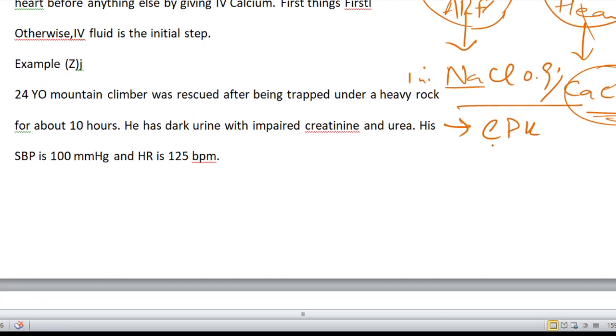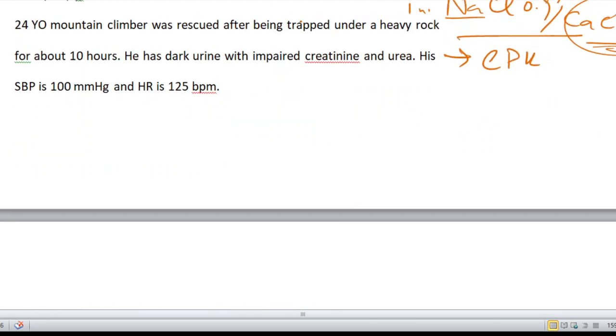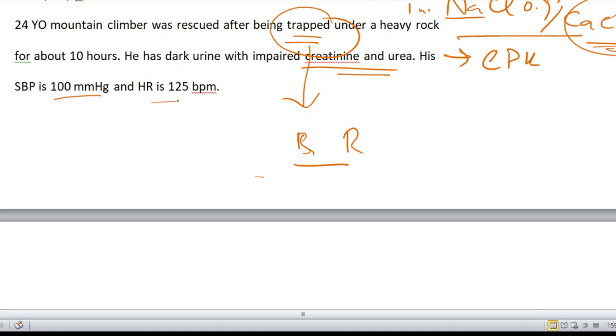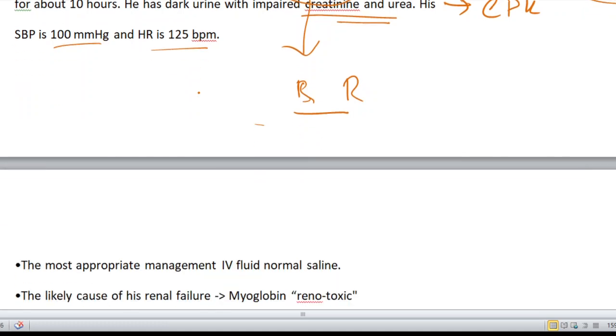Now, the next one: a 24-year-old mountain climber was rescued after being trapped. Again, the same thing. His muscle is damaged, pushed between the bone and the rock. He has dark urine with impaired creatinine and urea. There you go, acute renal failure. His BP is 100 and heart rate is 125.